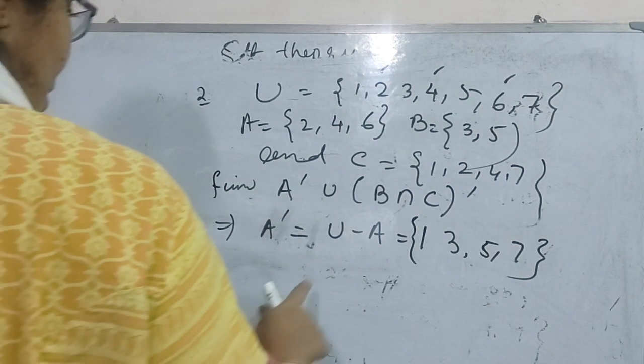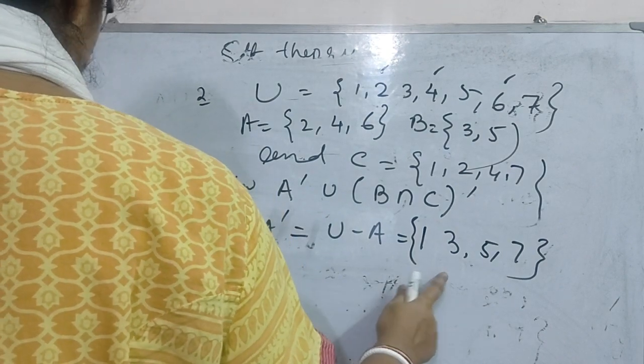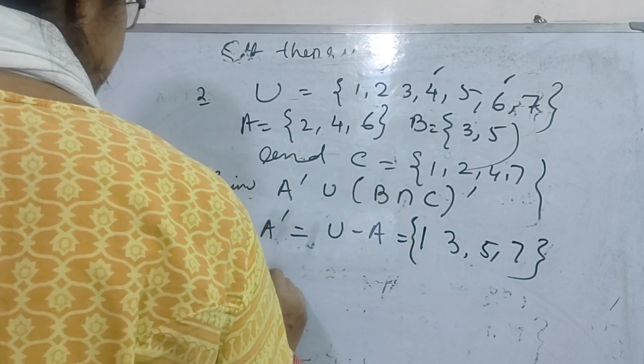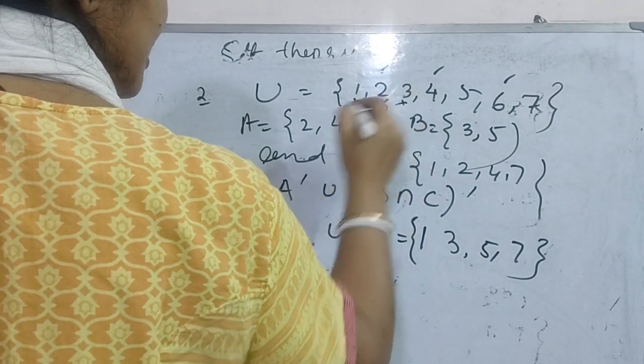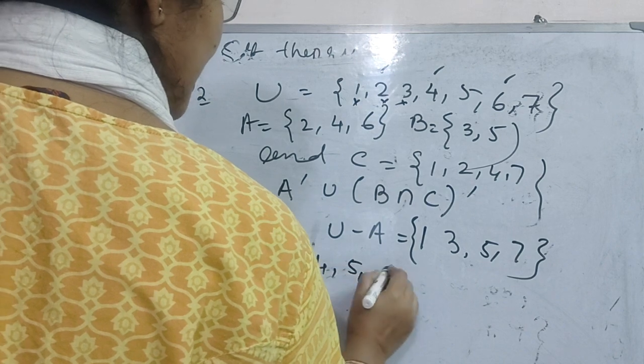So, we have A complement equal to {1, 3, 5, 7} and C complement equal to {3, 5, 6}.